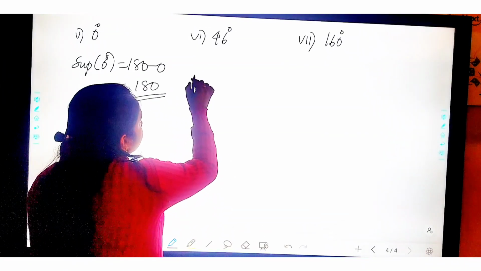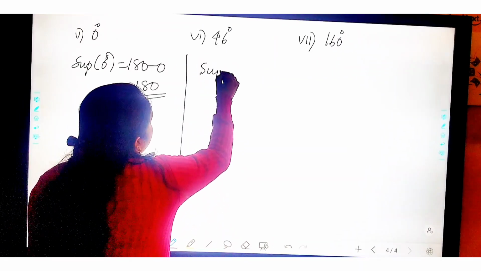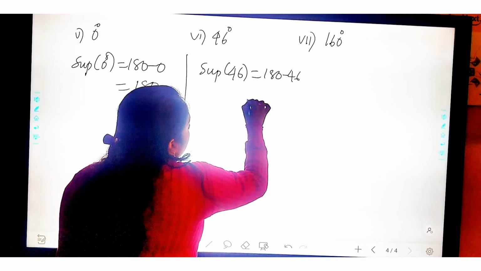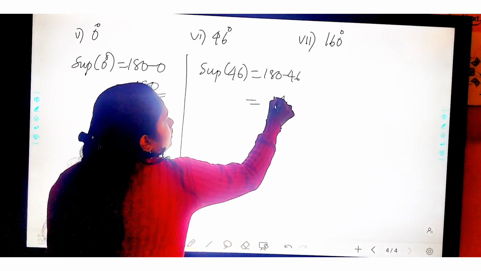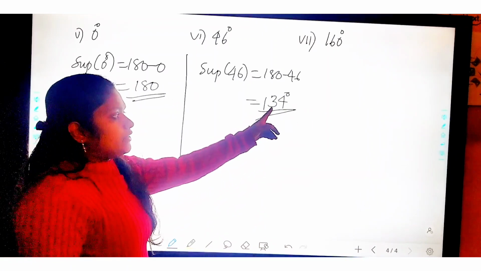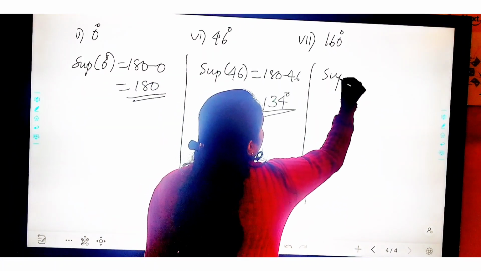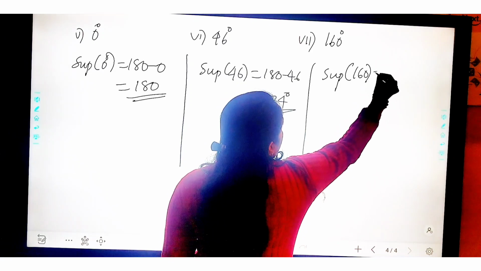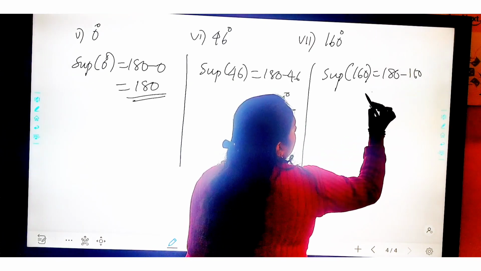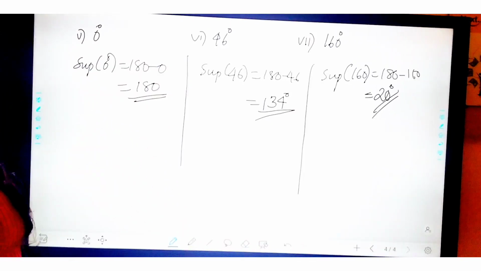Then another one is 46 degrees. The supplement of 46 equals 180 minus 46 equals 134. 134 is the supplement of 46. Then the supplement of 160 equals 180 minus 160, that will be 20 degrees. That is the supplement of 160.